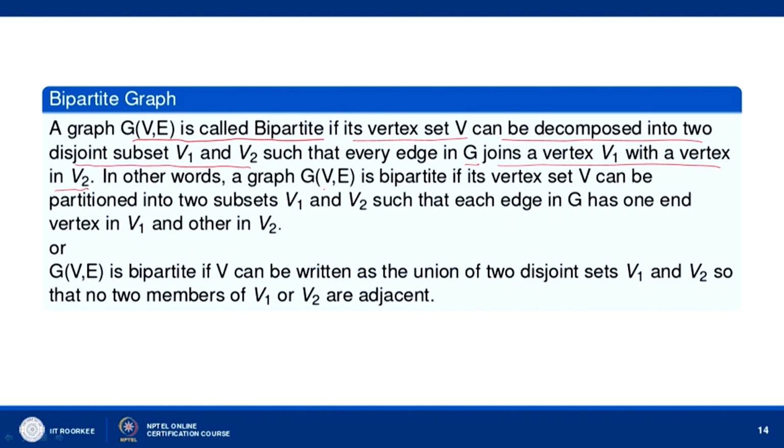In other words, a graph is bipartite if its vertex set V can be partitioned into 2 subsets V1 and V2 such that each edge in G has one end vertex in V1 and the other in V2. Or G(V, E) is bipartite if V can be written as the union of 2 disjoint sets V1 and V2, so that no 2 members of V1 or of V2 are adjacent.